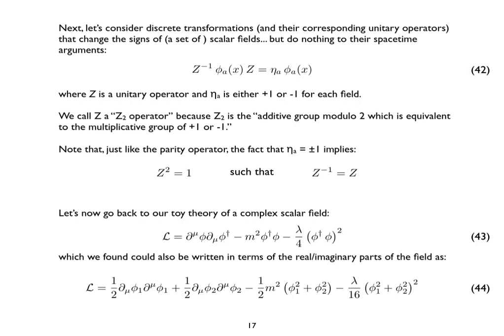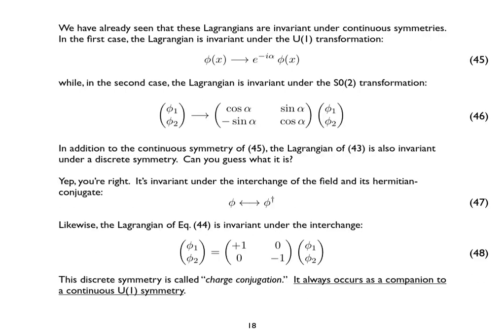So in the phi dagger case, the Lagrangian is invariant under this interchange. And in the phi 1 phi 2 case, you take phi 1 to phi 1 and phi 2 to minus phi 2, and you get back the original Lagrangian. Okay.